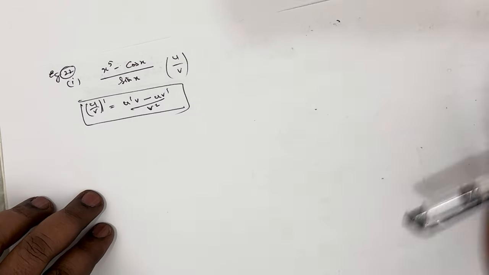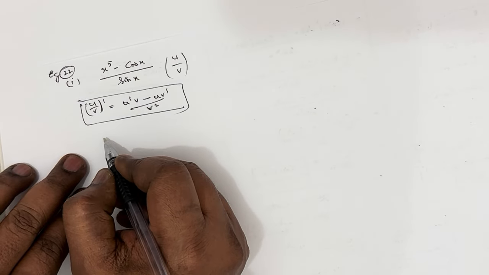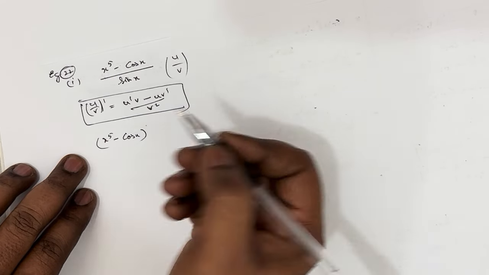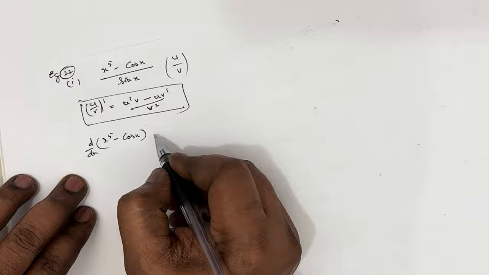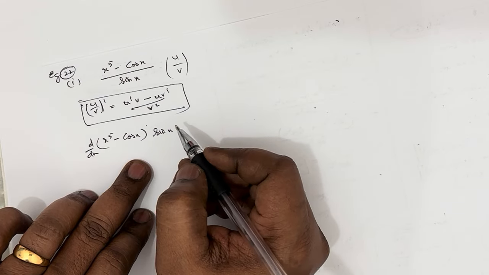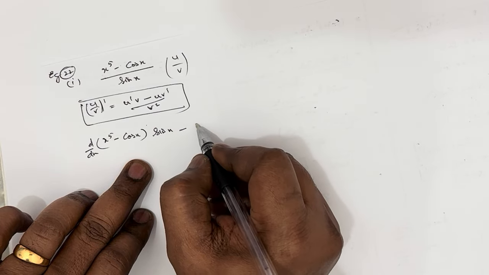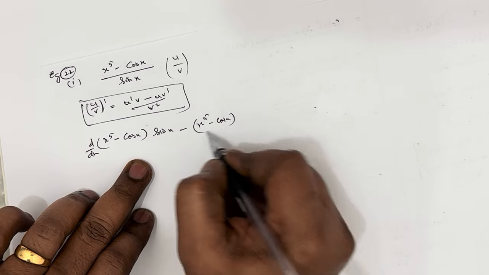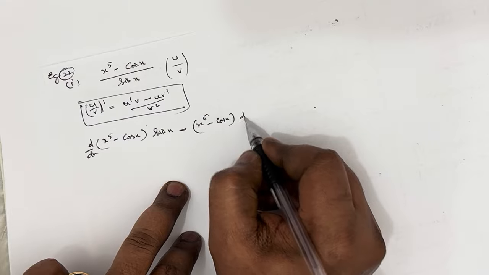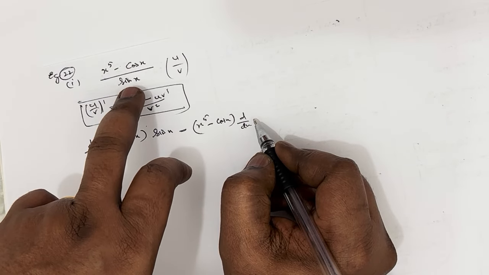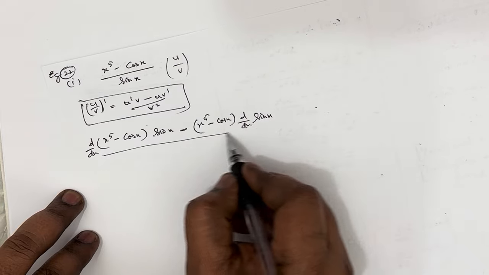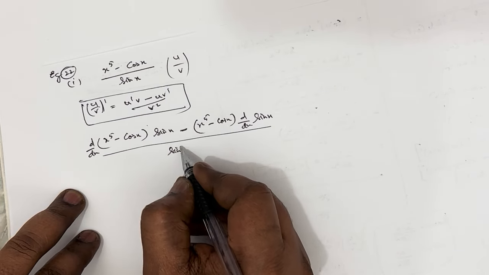So this is u. We write (x^5 − cos x)', or d/dx, and v as it is, that is sin x. Minus u as it is, x^5 − cos x in brackets, because we have negative here, and v', that is d/dx of sin x, upon v square, that is sin square x.